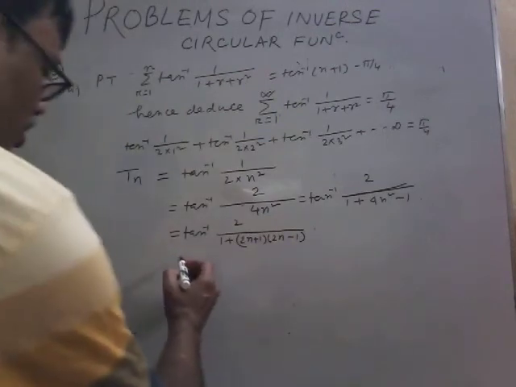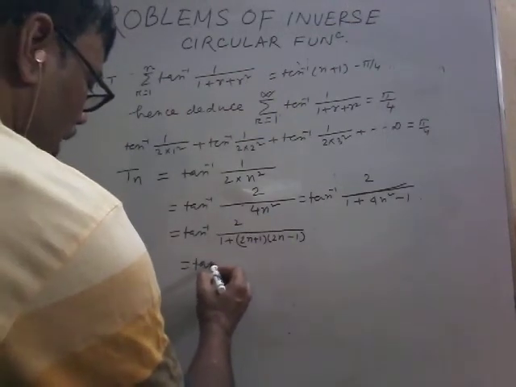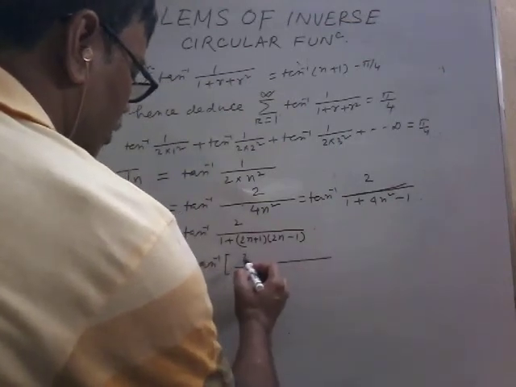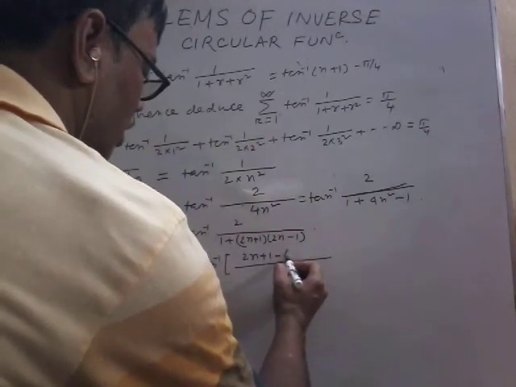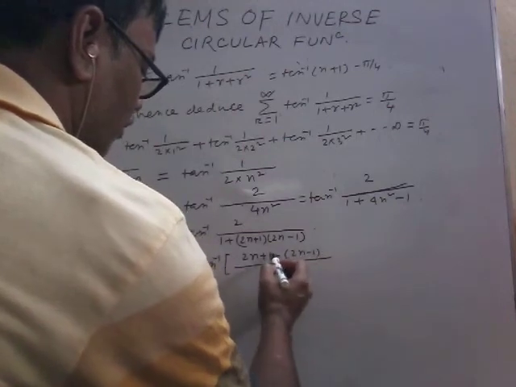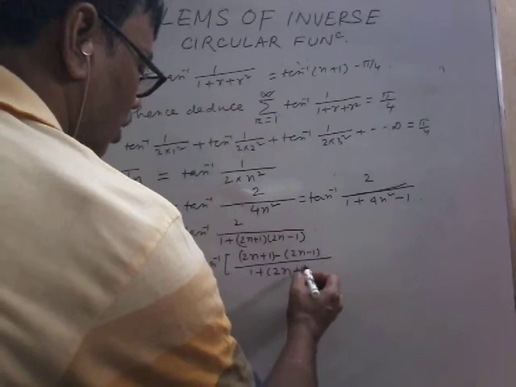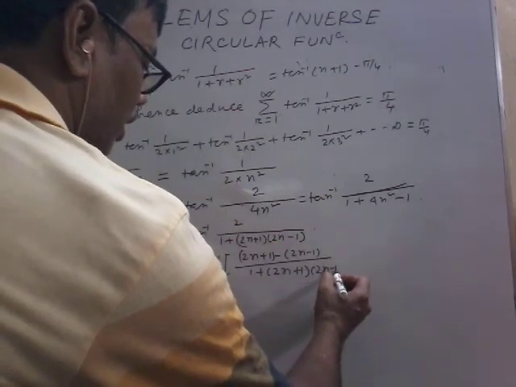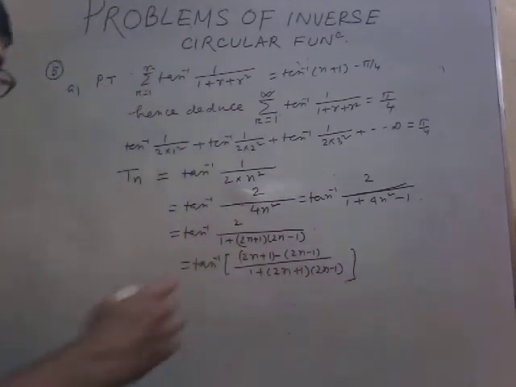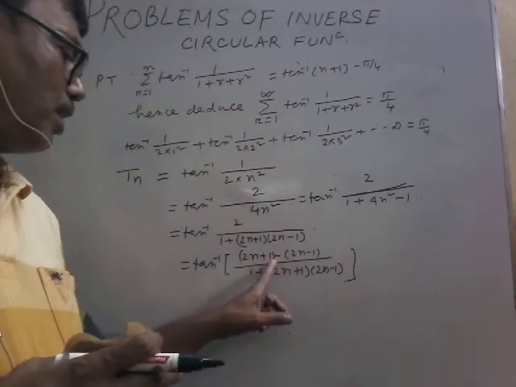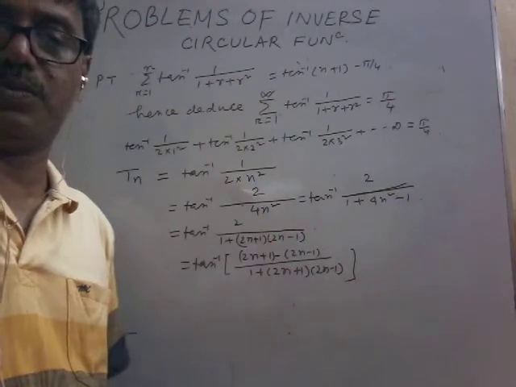Now this step, I have already discussed it. This is x minus y, so 2n plus 1 minus 2n minus 1 by 1 plus 2n plus 1 into 2n minus 1. You look, meaning is same or not? 2n 2n cancel, 1 1 2.